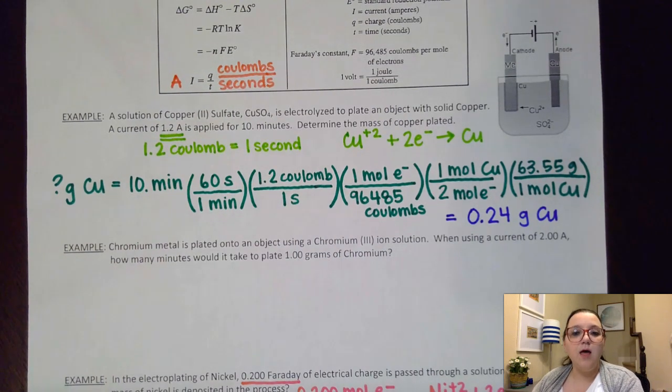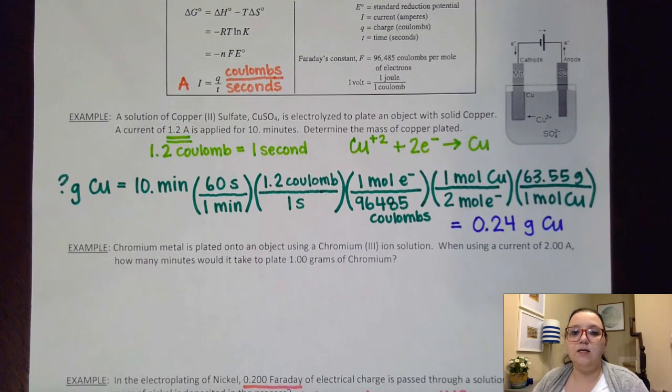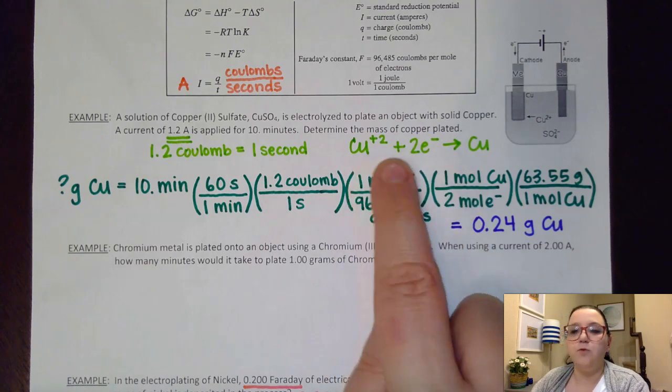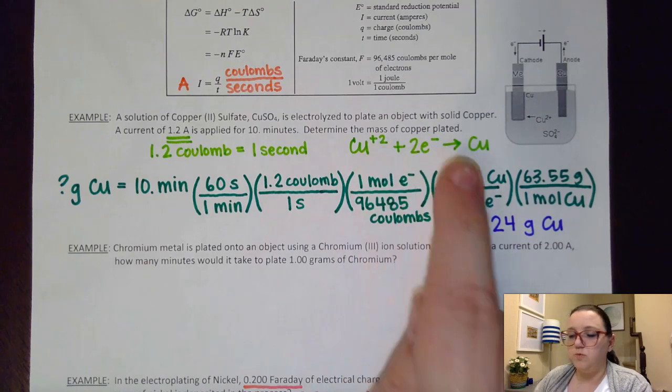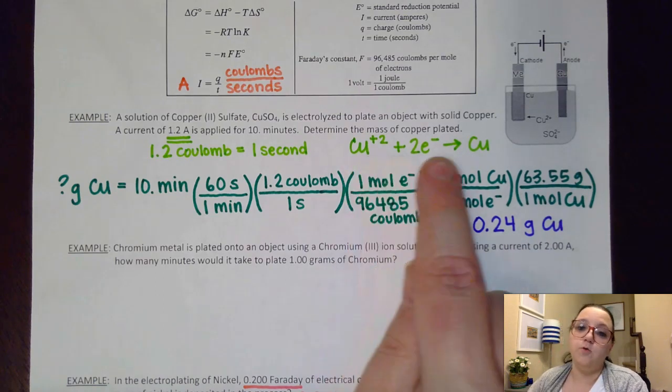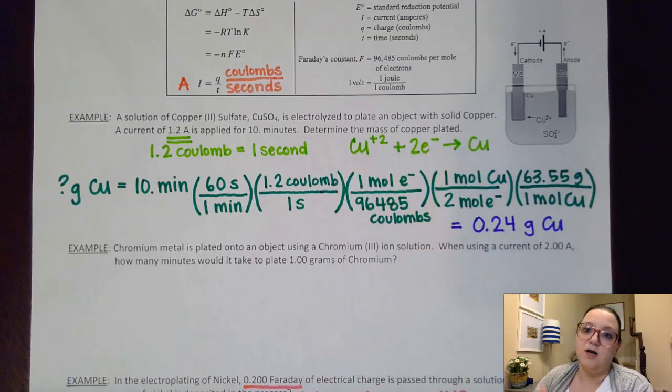Now, the other thing I'm going to need eventually is the number of moles of electrons that are being transferred. And that's where I'm going to think about my half reaction. Now, I didn't write both an oxidation and a reduction. I just wrote the reduction because remember, the copper is going to do both processes here. It's going to both get oxidized and reduced.